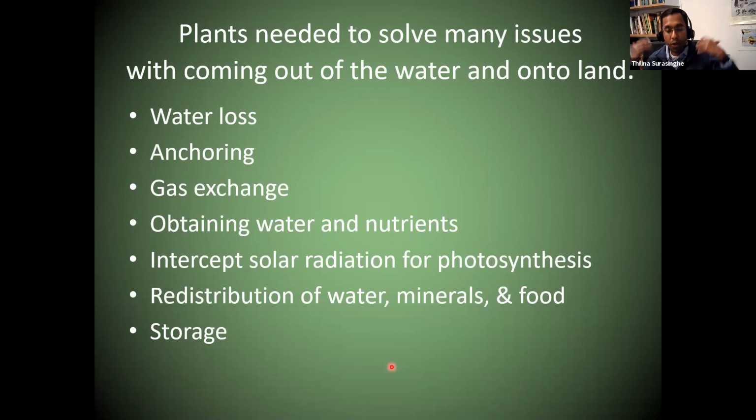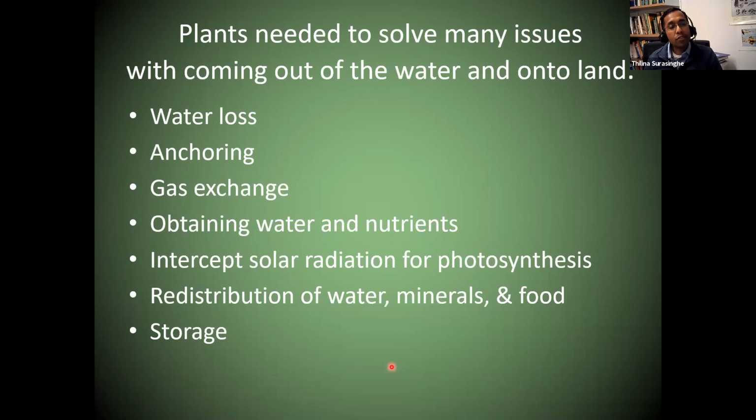And you are in water, so you can directly absorb water and nutrients as you need, right? But if you are in the air exposed to the atmosphere, well, the atmosphere does not have an overabundance of water. Soil does not have an overabundance of water or minerals. You have to have a mechanism to absorb those.